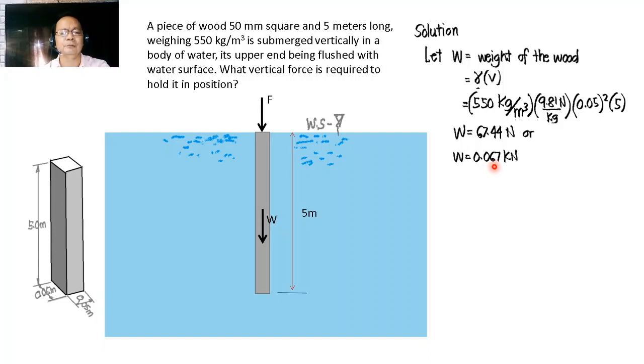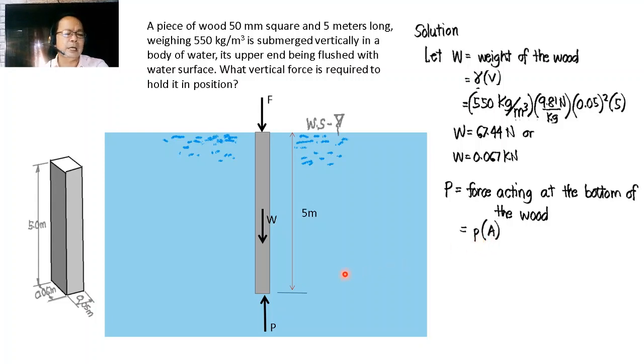And we expect that at the bottom of this block, there will be a force acting, and the direction is upward due to the hydrostatic pressure acting at the bottom. So if we will be solving for that P, this being the force acting at the bottom of the wood, this P would be equal to the pressure acting at this part multiplied by the cross-sectional area. But what is this pressure acting at the bottom of the block?